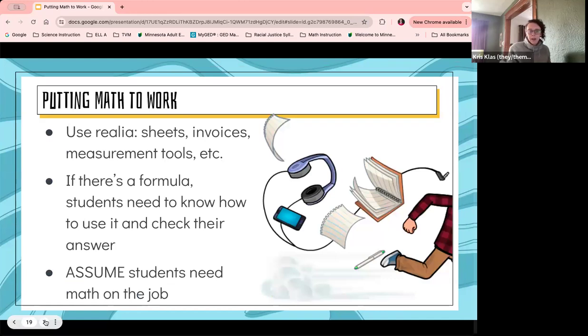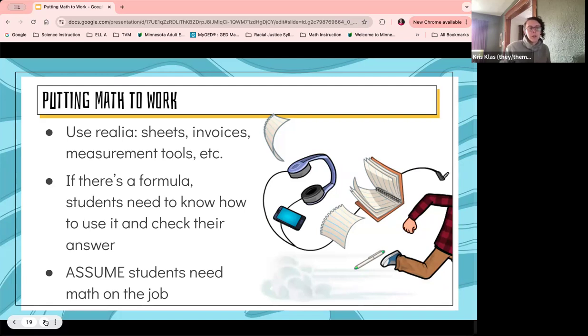A couple people have talked about this already. There are some tasks that are pretty straightforward. There might be a formula or a shortcut that employees take on a regular basis. We have to be able to do that because otherwise it takes too long in the workplace. We don't have time for that.